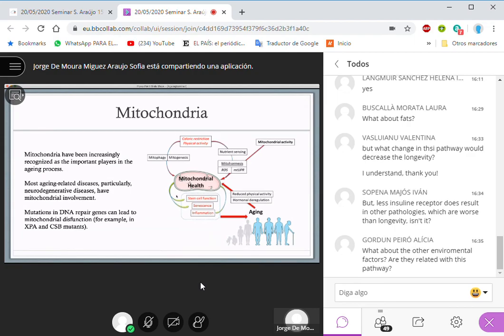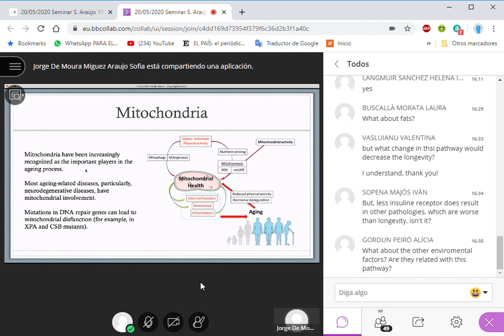And then, of course, mitochondria are important for stem cell function, for senescence, and for many different things. So all of these are studies that are now being done in relation to aging. We've been looking in many different studies now at mitochondria as important players in the whole aging process.